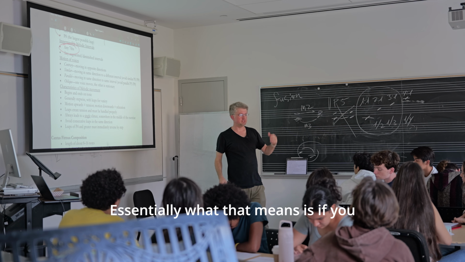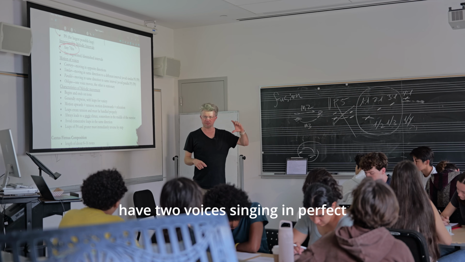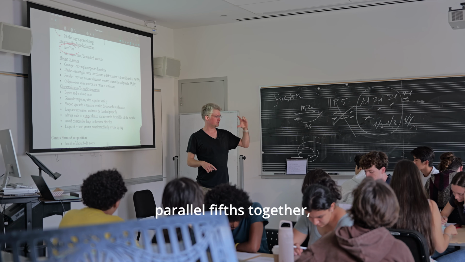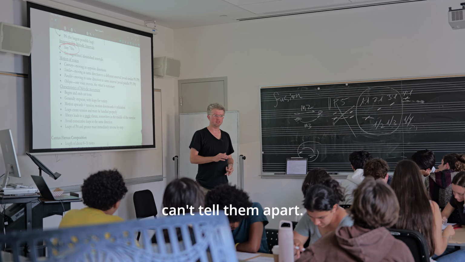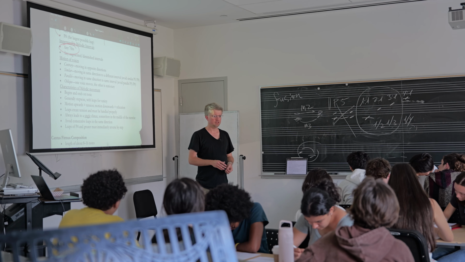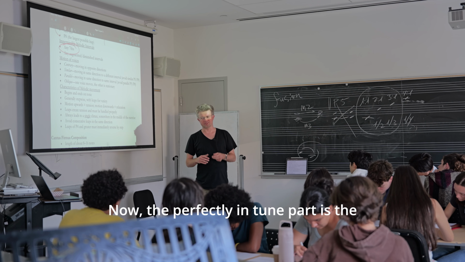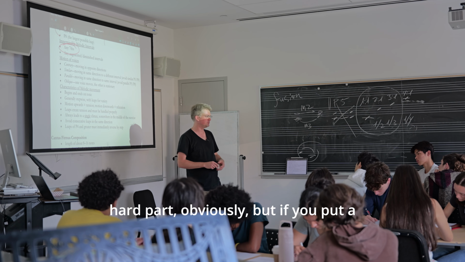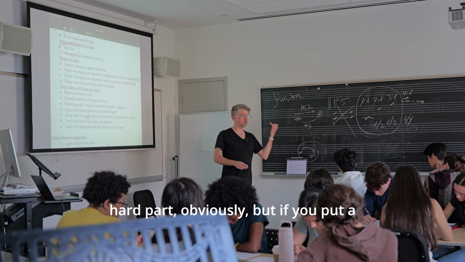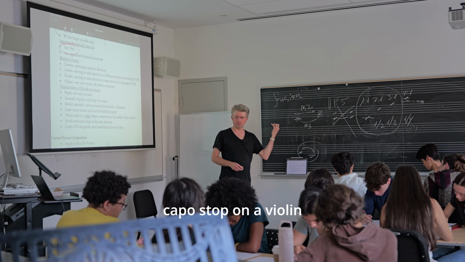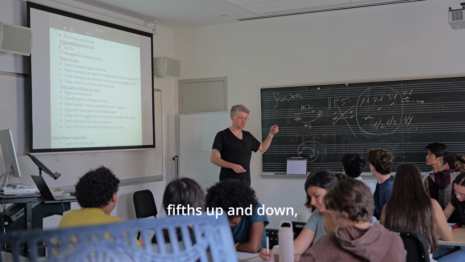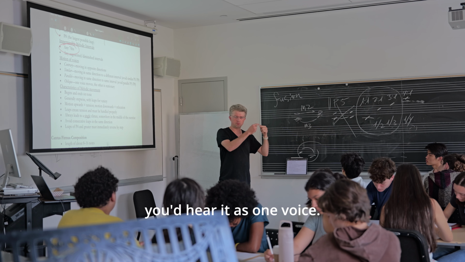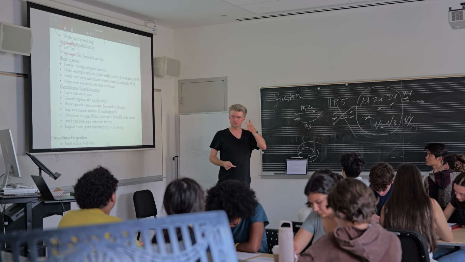Essentially, if you have two voices singing in perfect parallel fifths together, perfectly in tune, you can't tell them apart. Now, the perfectly in tune part is the hard part, obviously, but if you put a capo on a violin and you just use that to slide perfect fifths up and down, you'd hear it as one voice.